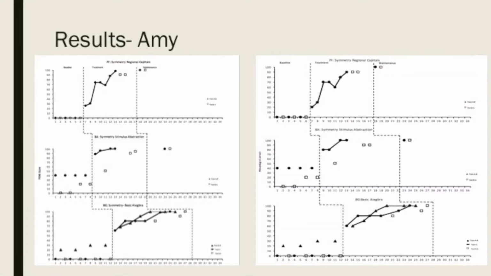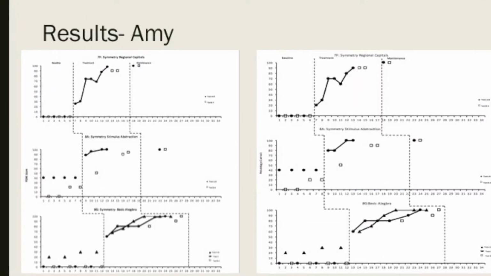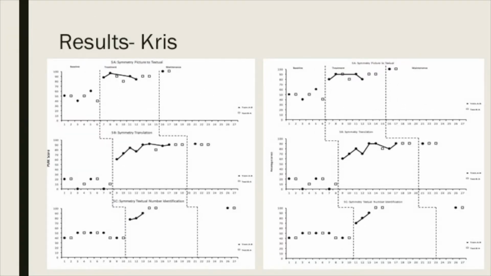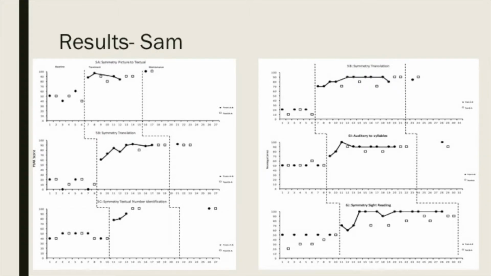As seen with the graphs here, Amy was able to derive the relationships across all 3 programs tested. Chris also showed a significant increase in his ability to derive relations across all 3 programs. Sam was also able to derive relations when tested after many train trials across all 3 programs.